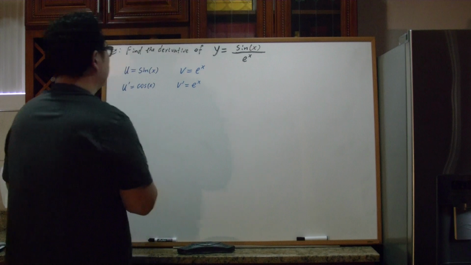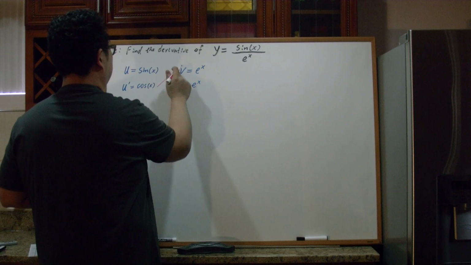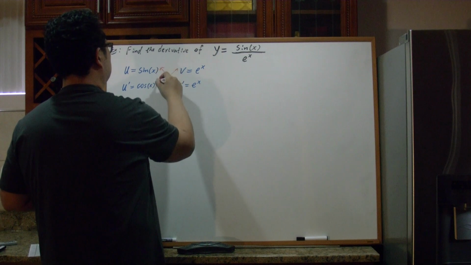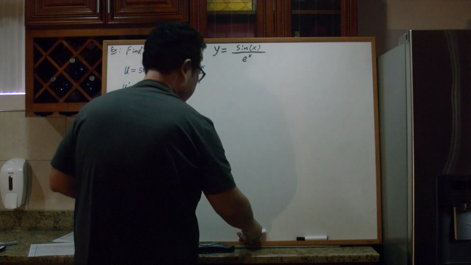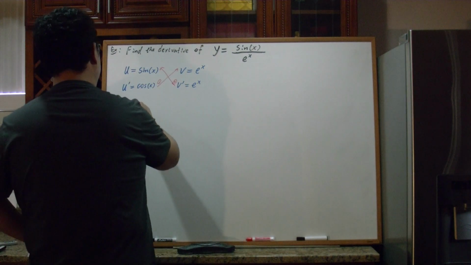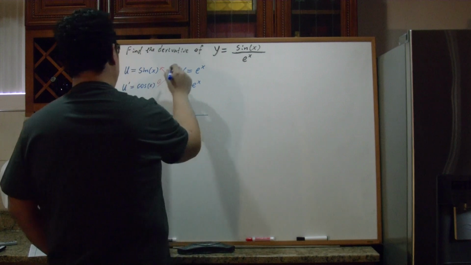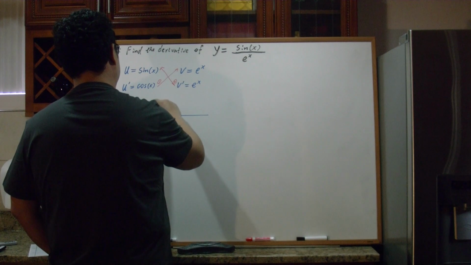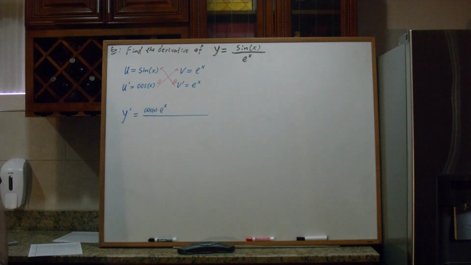Then it should be u prime times v, minus v prime times u, first and the second part we have. Therefore the y prime is u prime times v, cosine x times e to the x. When it's all single expressions, you could put parentheses, but we don't have to.